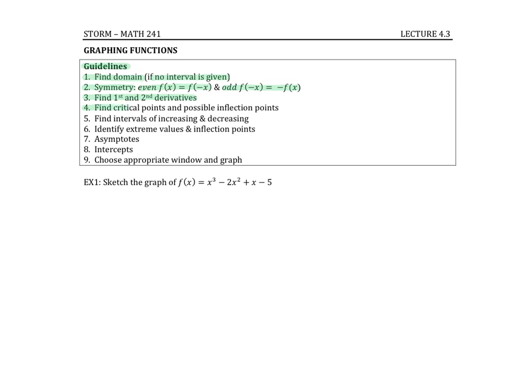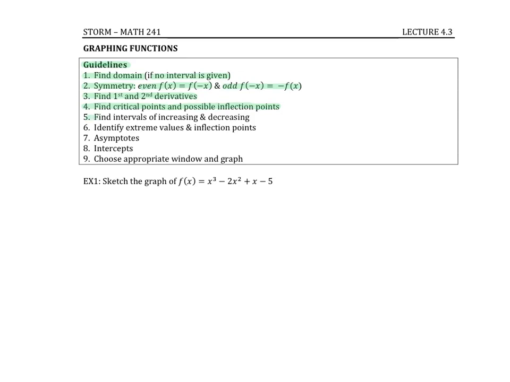Once we find the first and second derivatives, we're going to find critical points for the first derivative and possible inflection points from the second derivative. Those critical points would be where we test to see if we have intervals of increasing and decreasing.